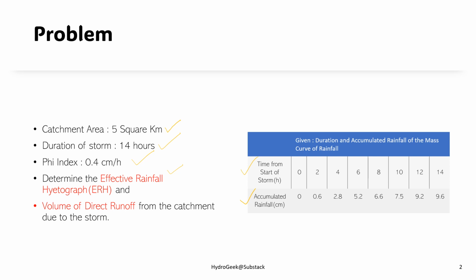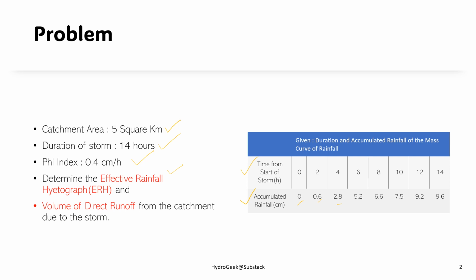And accumulated rainfall means, you can see that this is 0 in the initial duration, at the 0th hour, 0 rainfall takes place. Then after 2 hours, 0.6 rainfall takes place. After 4 hours, they are saying 2.8 rainfall, but this is not the effective rainfall.